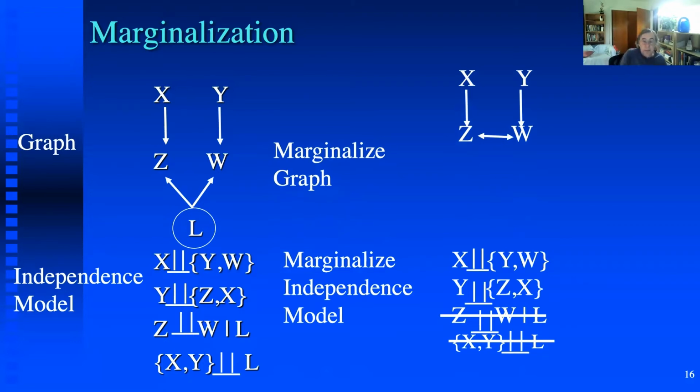The problem is there is no DAG over X, Y, Z, and W which has that feature. So what I have to do is to expand the set of graphs that I'm looking at. I'm going to create this new kind of graph, which is called a maximal ancestral graph, and I'm going to define a new extension of D-separation, which is called M-separation.